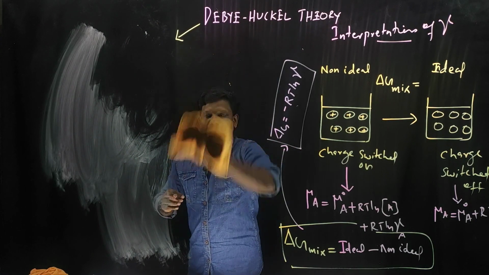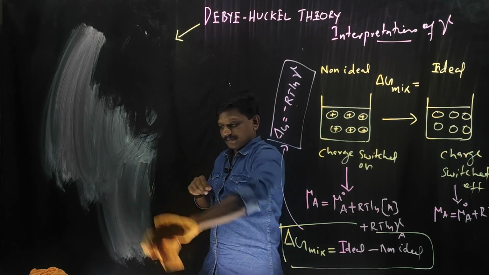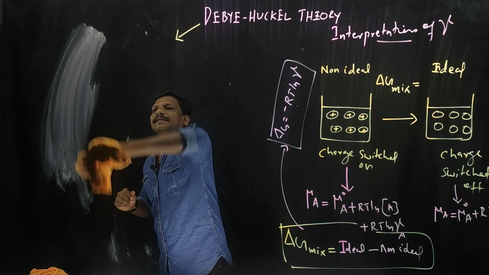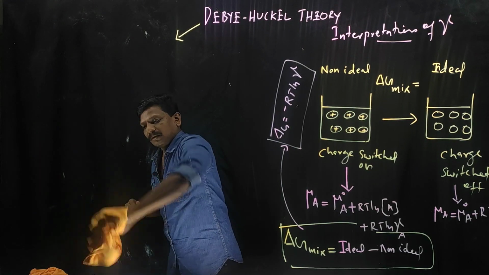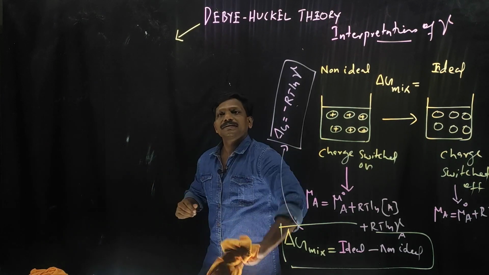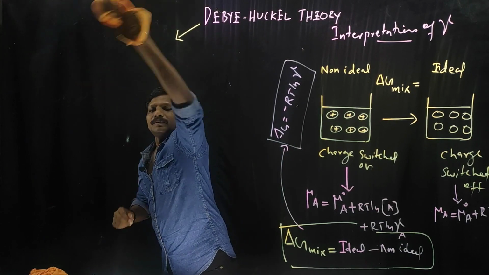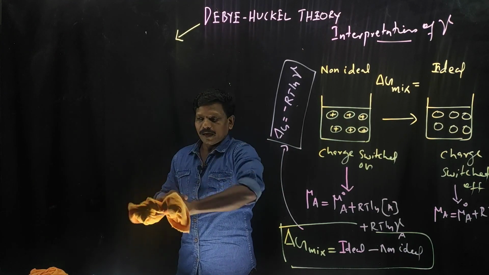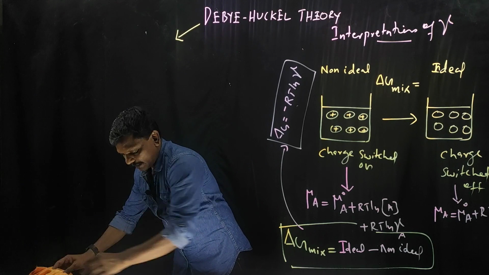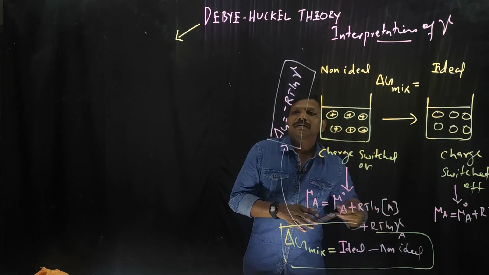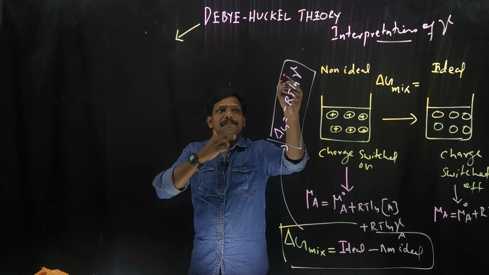Once again, please look into this factor: delta G is equal to minus RT ln gamma.